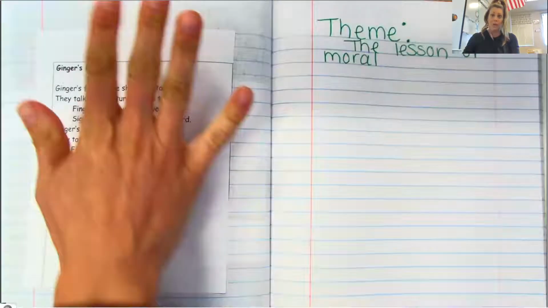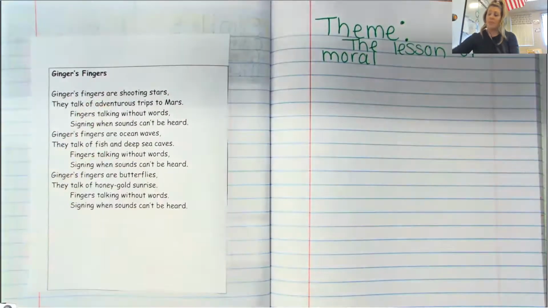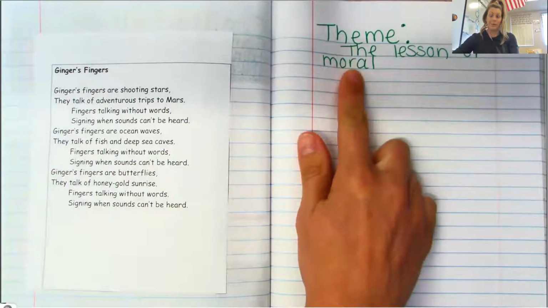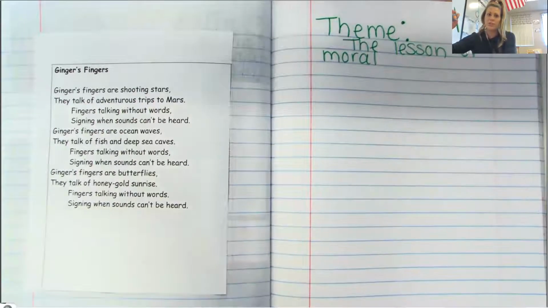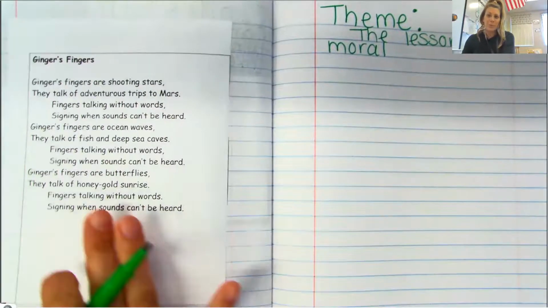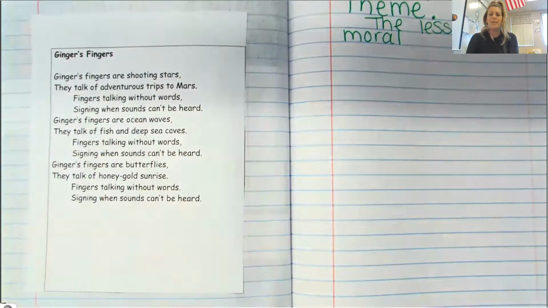So as we're reading it, and we'll read it a couple times, we're going to be searching for the metaphors, but then we're also going to be searching for the theme and the details that help us discover that theme. Okay, so Ginger's Fingers. The first time we read it, let's hunt for the metaphors. So when we see any metaphors, we're just going to underline them.